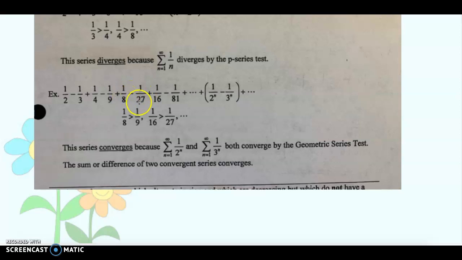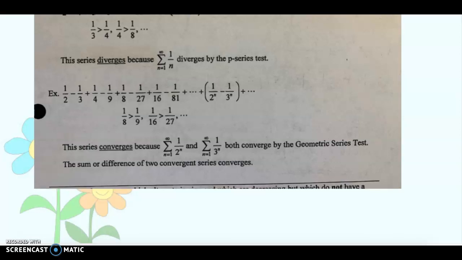It does work right here, but it doesn't work continuously the whole way. But this one does happen to converge because of the geometric series, so it's 1/2 to the nth power and 1/3 to the nth power, and the sum or difference of two convergent series also converges. But that's another one where you can't prove by the alternating series test.